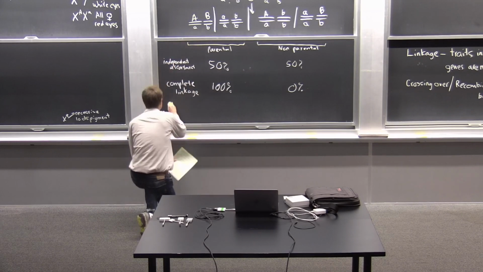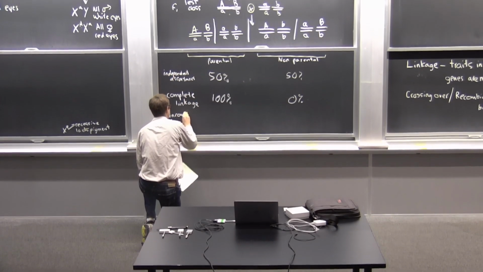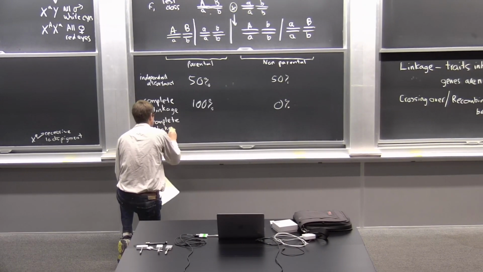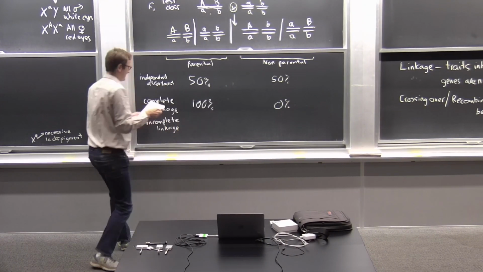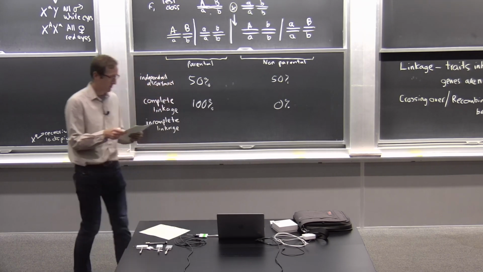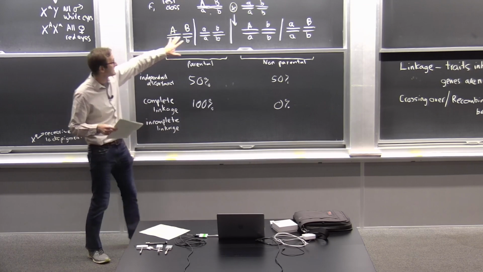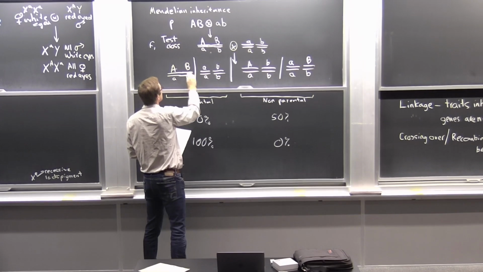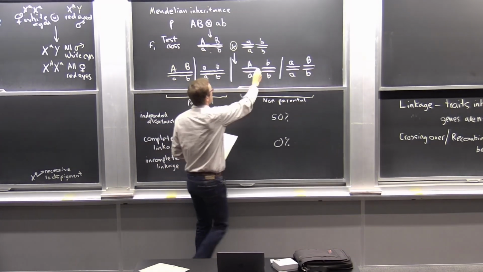So this happens if there's incomplete linkage. That means there can be a recombination event that separates the two genes. And I'm going to give you an example of a case where data was collected with what fraction of each class there is. So now we're considering an example where you have a linkage.